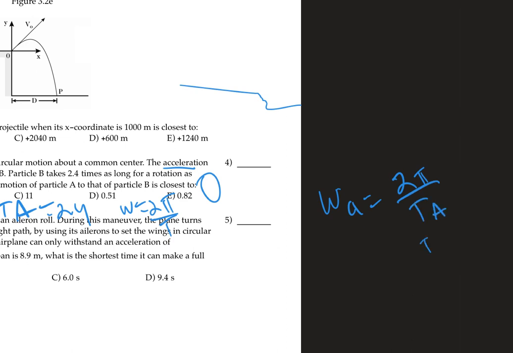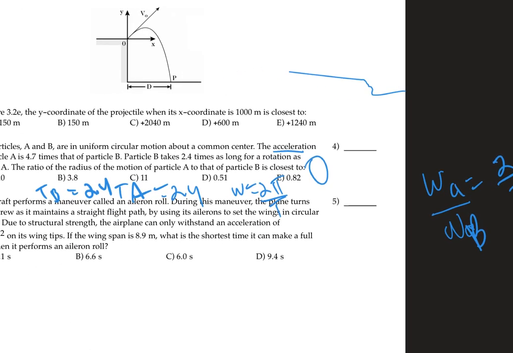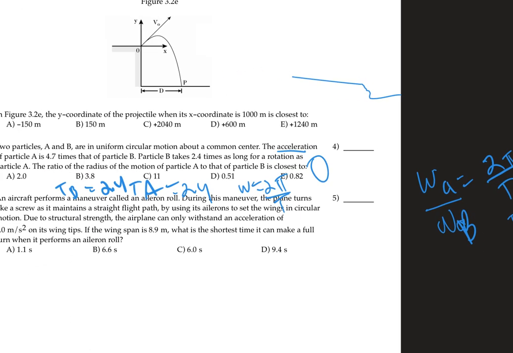And then we do the same thing for TB. Then we put them over each other, right? And that will give us 2.4, because that is how much longer B is taking.